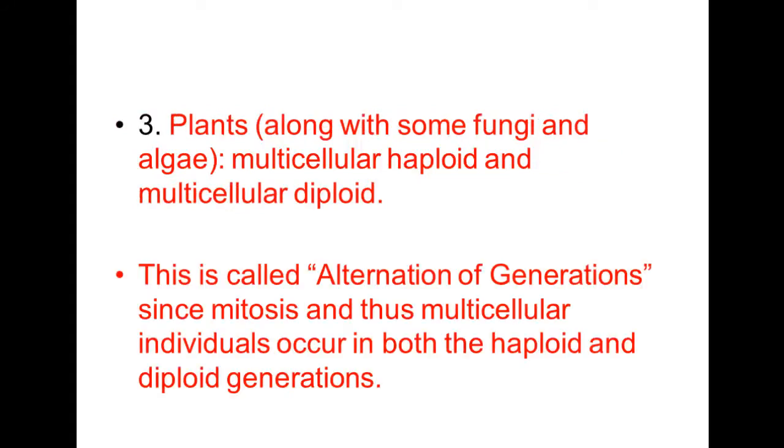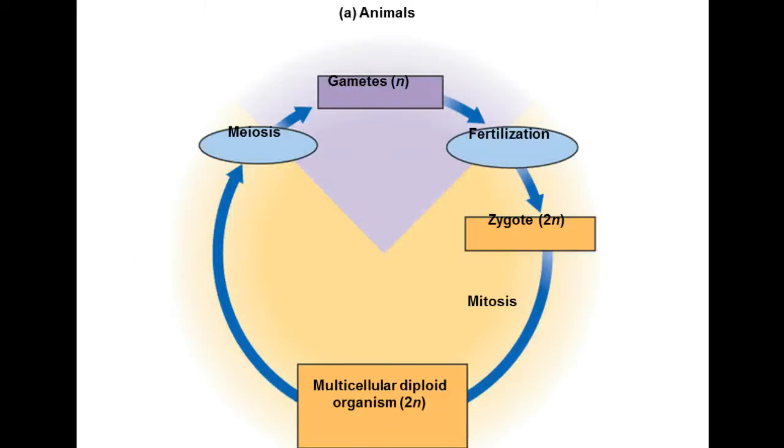And in the plants, along with some of the fungi and algae, we have multicellular haploid and multicellular diploid. Now this is called alternation of generations, since mitosis and thus multicellular individuals occur in both the haploid and diploid generations. Okay, so here's our diagram.